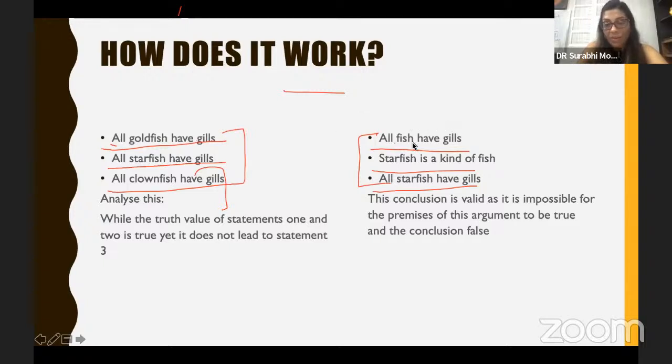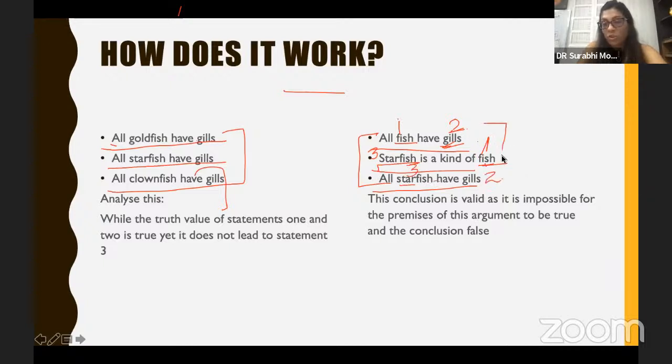Let's look at the variables. We have 1, 2, 3 variables here. So let's mark fish as 1, gills as 2, and starfish as 3. Again, we are using fish here. Let's mark it as 1. And we are using starfish and gills in the conclusion.